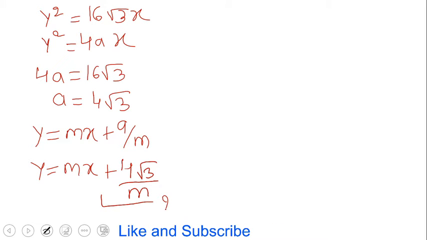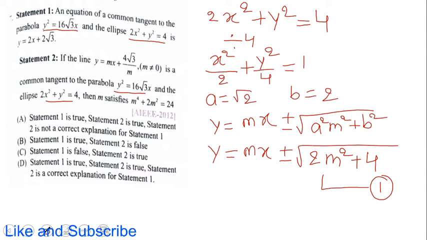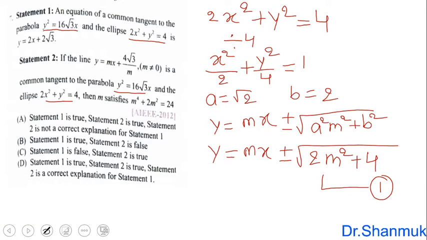I call it equation 2. Now we have to compare equation 1 and equation 2. This is our equation 1, this is our equation 2. Comparing, y equal to mx, y equal to mx, the same. So the rest of the other things we have to equate.